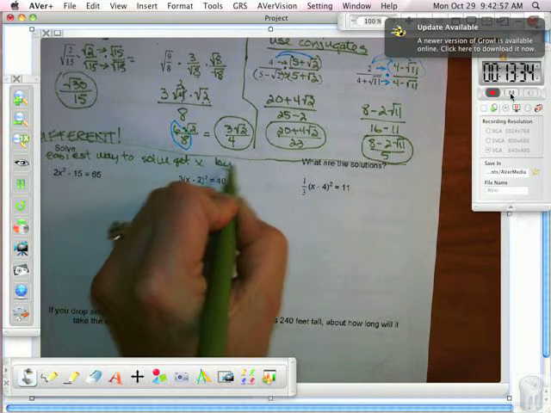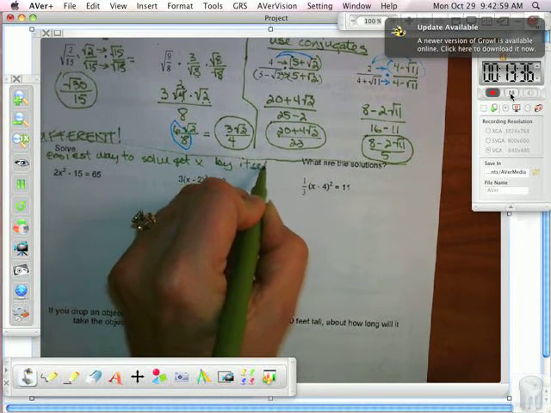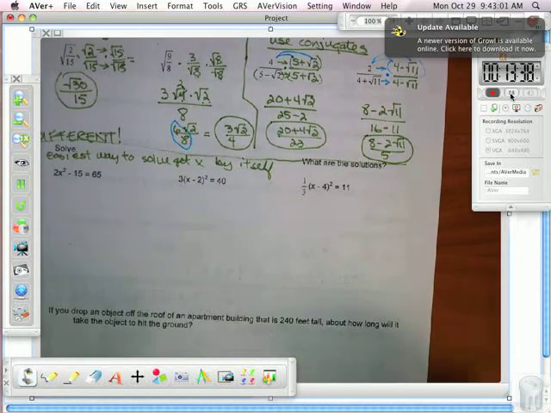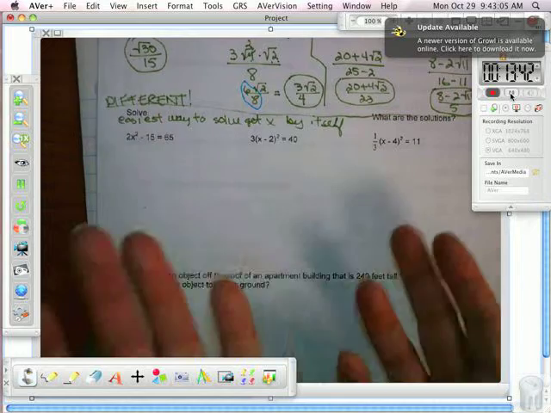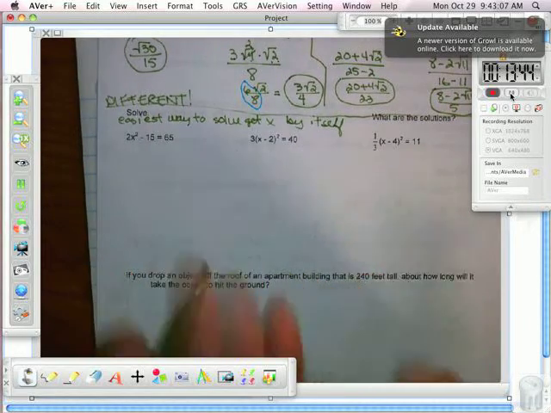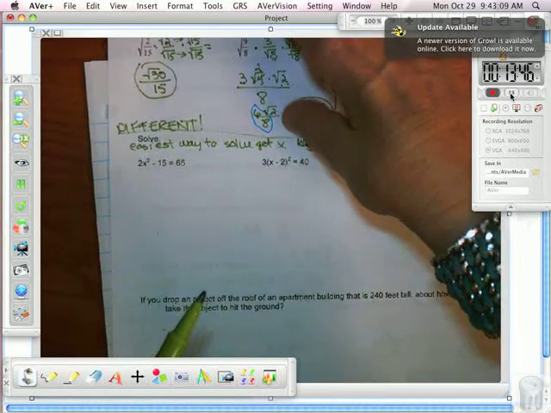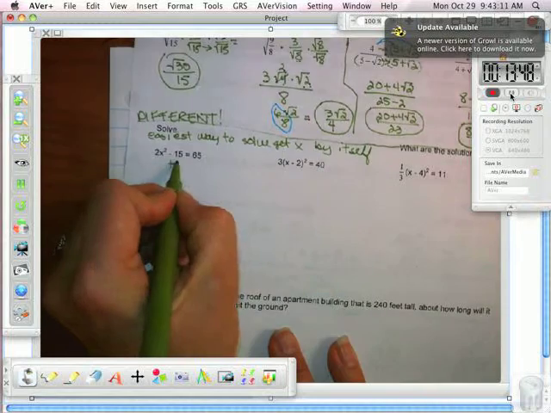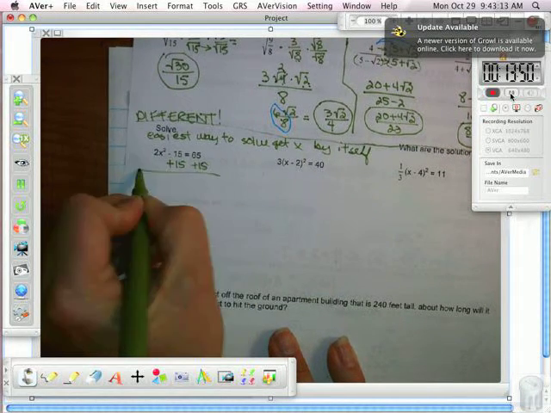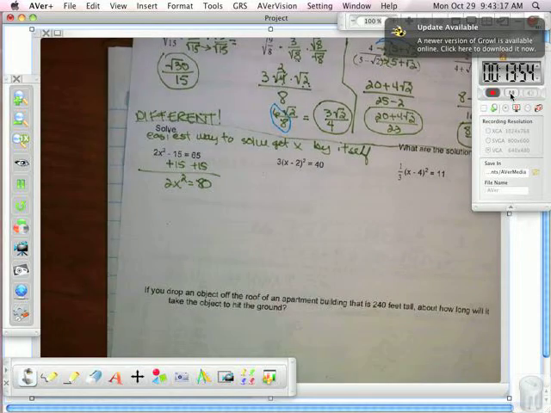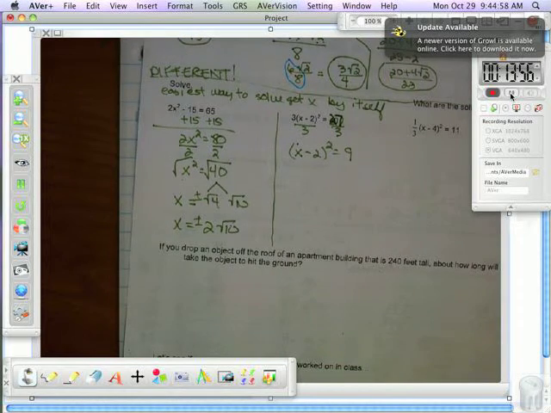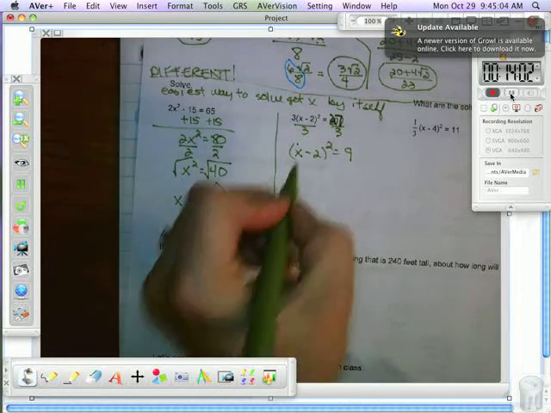So, I am going to just solve this like an equation. My goal is to get x by itself. It's totally different than what we were doing up here. So all I do is I add 15. I get 2x squared equals 80. And now what can I do to solve this problem? Yeah, let's get rid of that squaring. So take the square root, and I get x minus 2 equals plus or minus 3, correct?